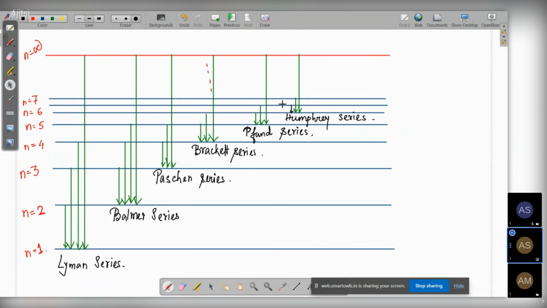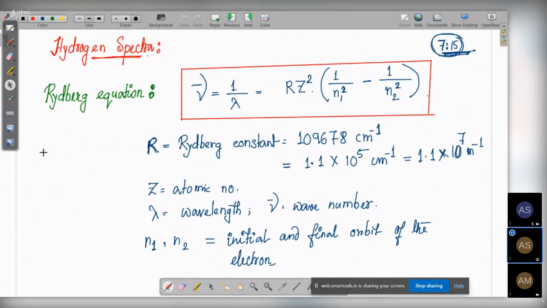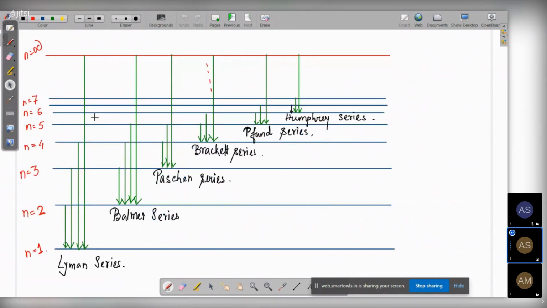In order to predict what the wavelength of these transitions are going to be, we use the Rydberg equation. Using the Rydberg equation, we can calculate the wavelength of each transition. The names of the series are very, very important. You need to know them.